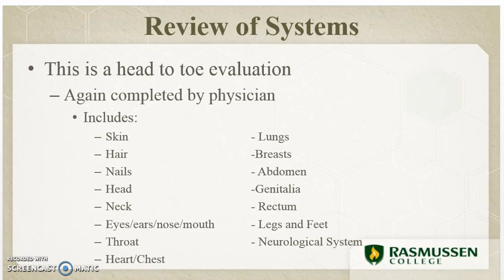And then we'll look at the heart and the chest. We'll look at the arms, the lungs, the breasts, the abdomen, the genitalia, the rectum, legs and feet, and then the neurological systems. So let's talk about each of those a little bit.